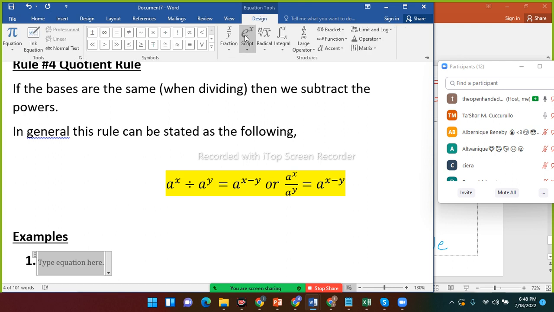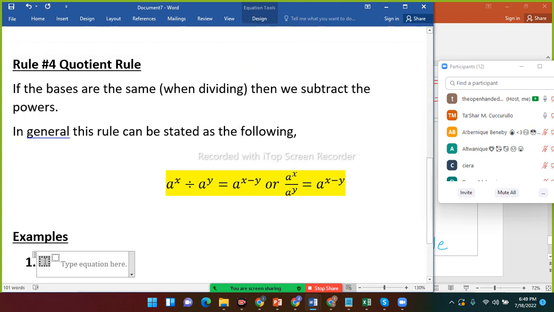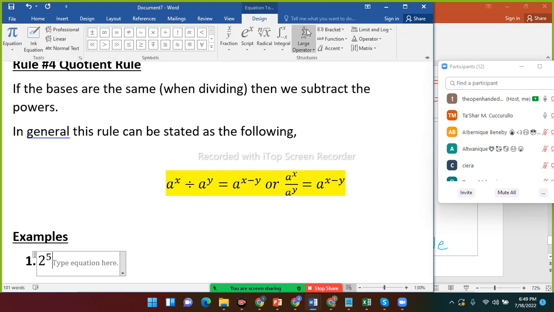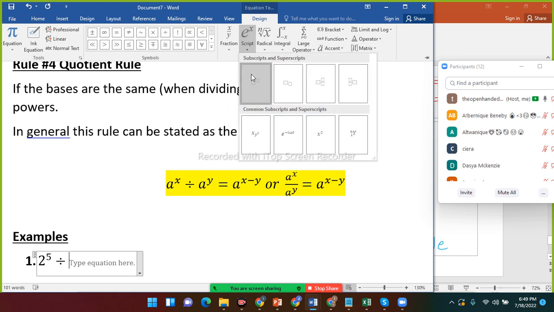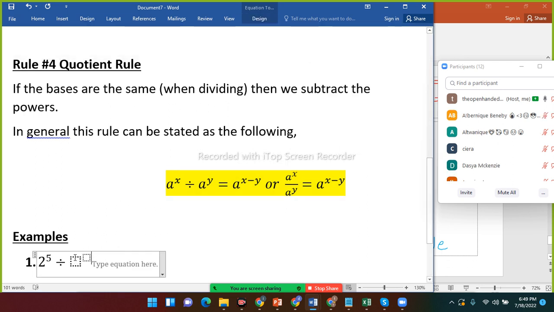If I say 2 to the power of 5, and I'm dividing that by 2 to the power of 2, what will my answer be? This is for Albany.